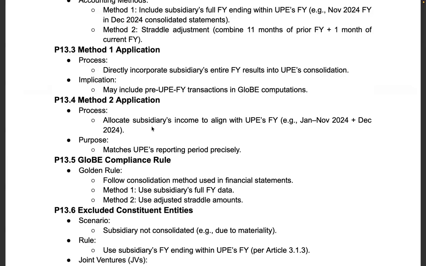And the second method: allocate the subsidiary's income to align with the UPE's financial year. Same thing, like we discussed. Take 11 months of the subsidiary and then wait until the first month also completes until 31st December. That 1 additional December month, which actually falls into the next year of the subsidiary, we add together with the 11 months so that the year aligns with the ultimate parent entity.